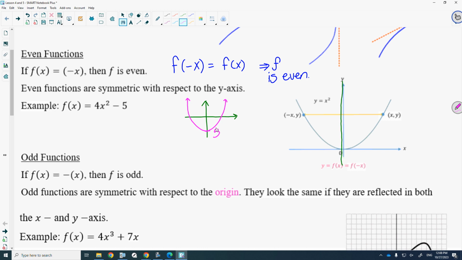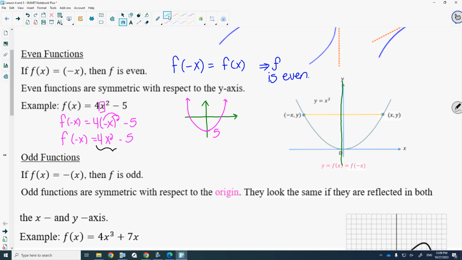But how we're going to prove that it is symmetric about the y-axis is into our function we're going to input negative x. So 4 negative x squared minus 5. F of negative x is equal to 4x squared minus 5.